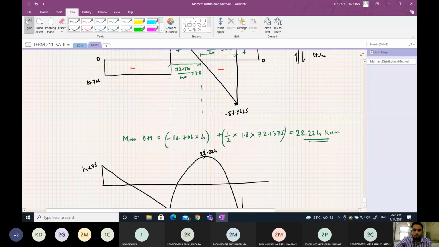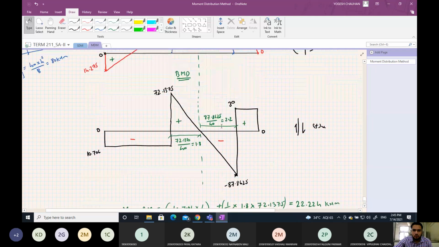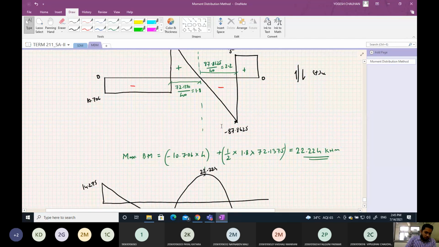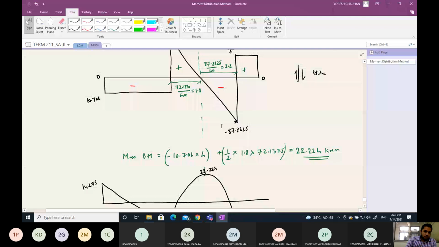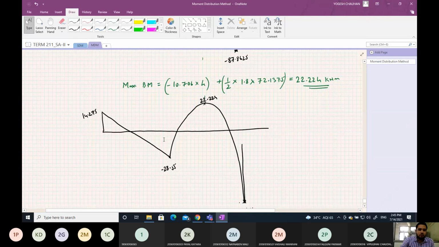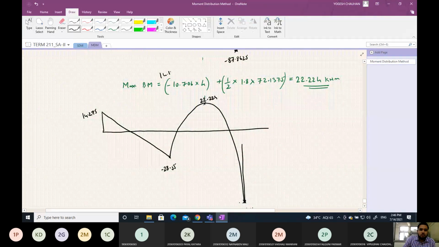Wait a minute. Something is wrong here. 0.5 into 87.8625 into 2.2 is 96 point something. Wait a minute. Oh wait, here we have not added this value. The maximum bending moment will be 14.275.